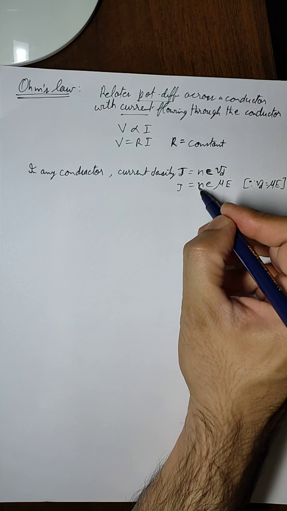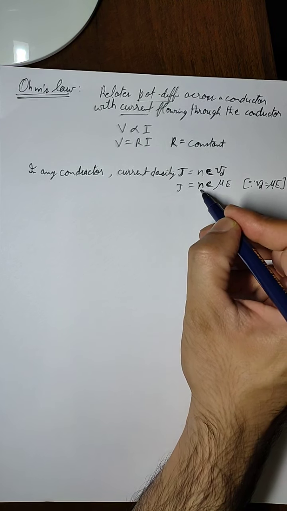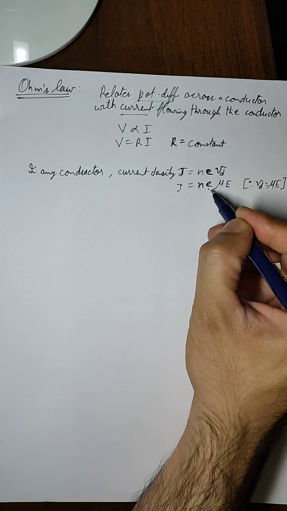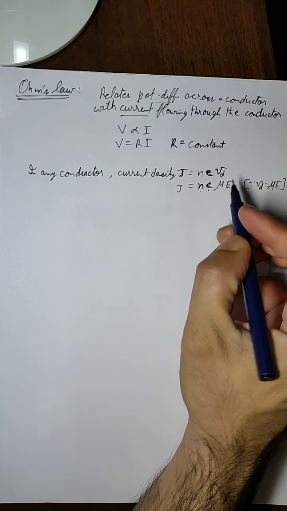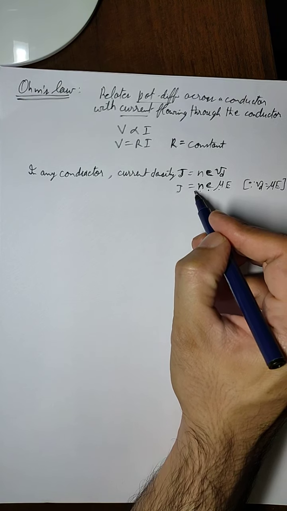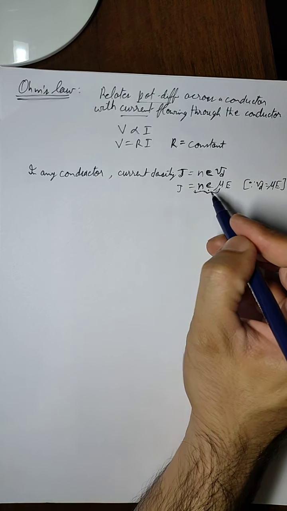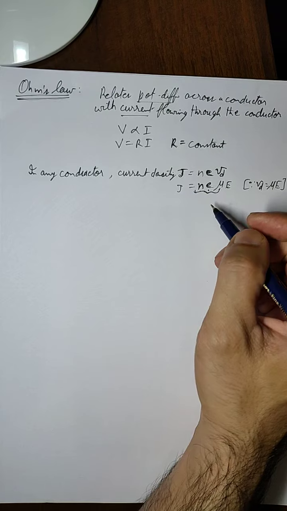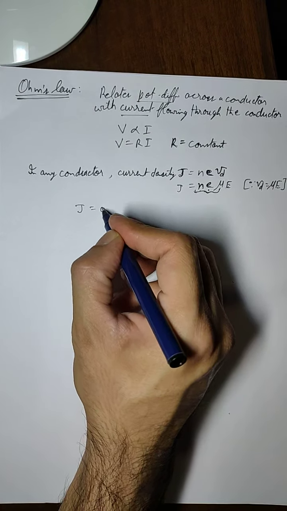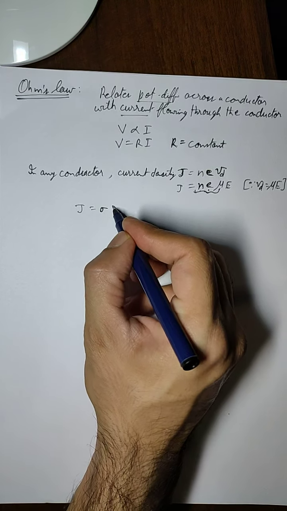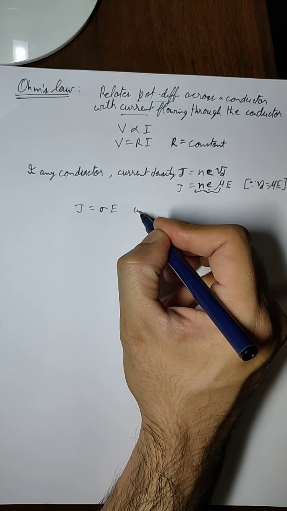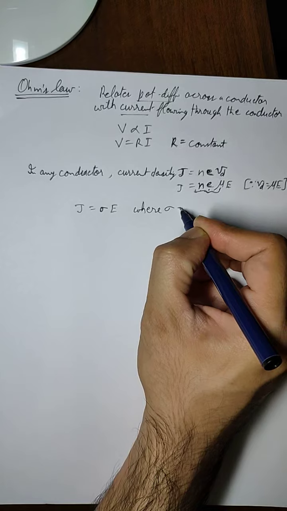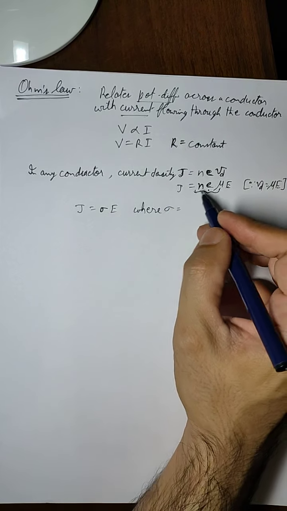Now, for a given conductor, the concentration of electrons is constant. The charge on each electron is always constant, and mobility for a given conductor is also a constant. So N e mu together can be put together to form another constant. Let us say this constant is sigma, where sigma equals N e mu.